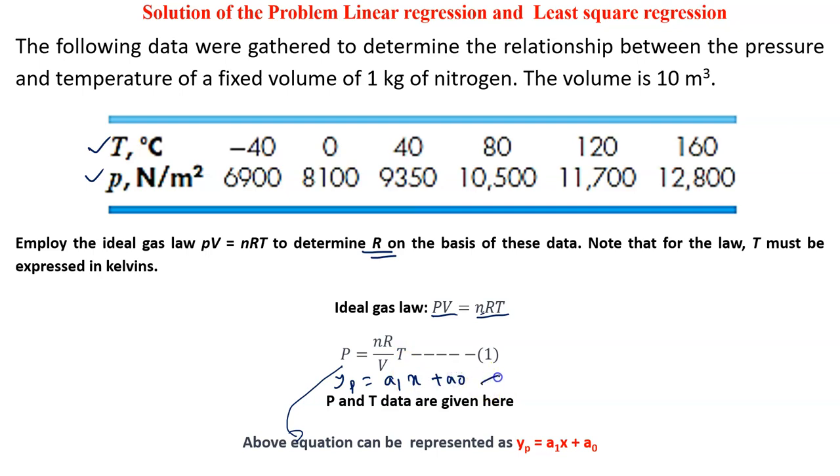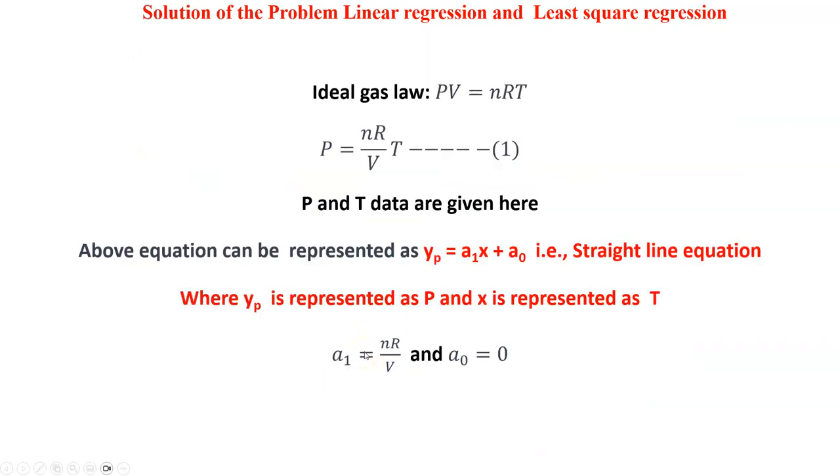Here a0 is actually 0, so it is like the equation y is equal to mx, where m is the slope, here a1. So we have to find out a1, and after getting a1 we can easily find out R. Now we are going to implement the least square technique.